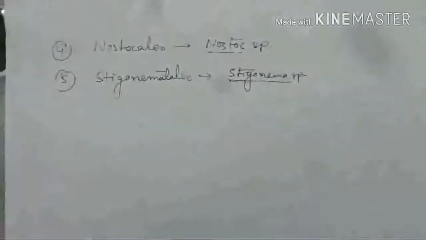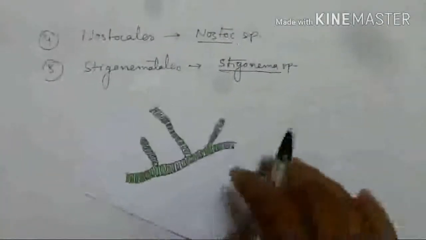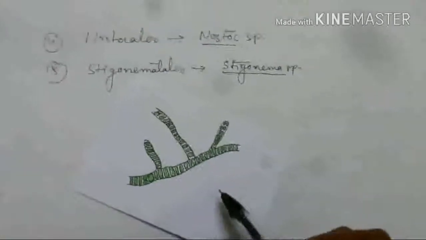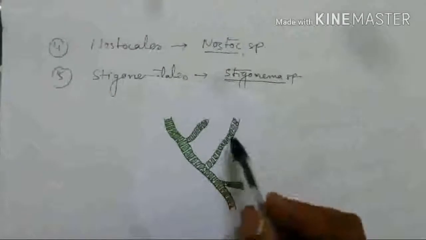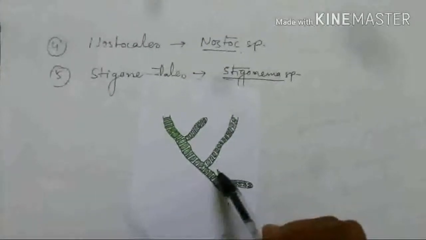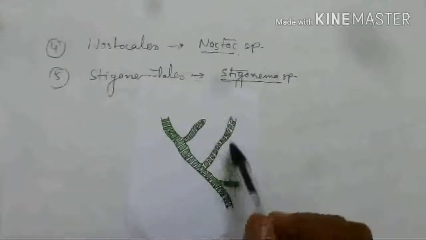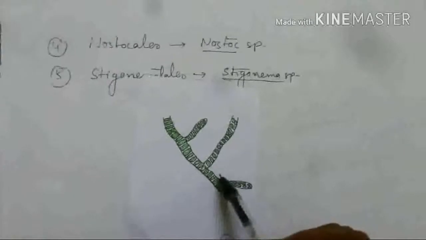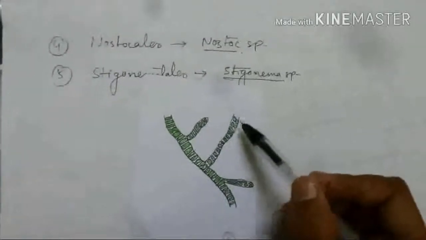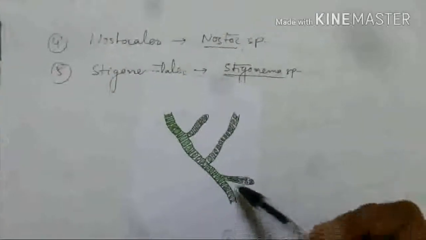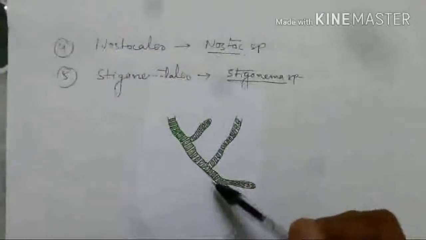Here also hormogonia are found, and the trichomes are branched. The trichomes are surrounded by sheaths, and hormogonia develop on the terminal portion of the young branches. So this is a Stigonema algae.